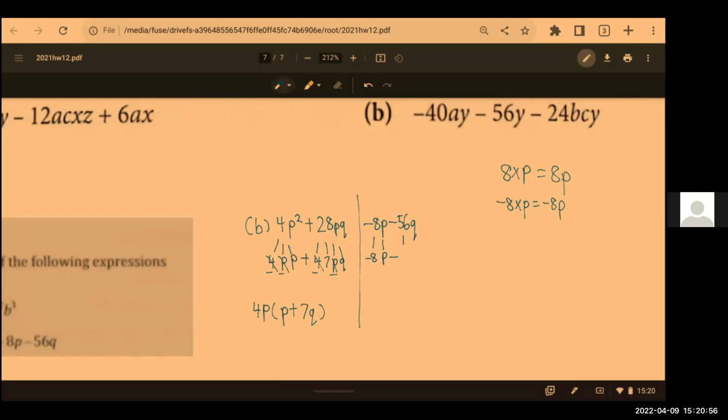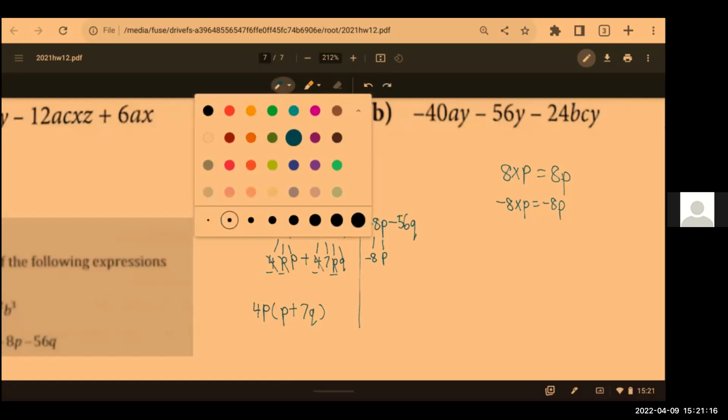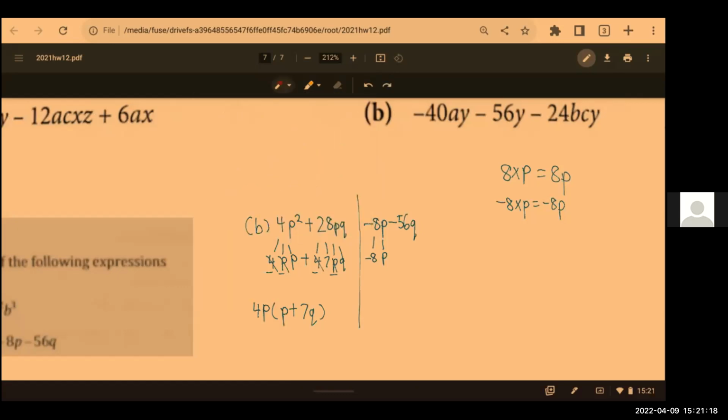Wait. Who asked you to put the minus sign there? You need to split the minus 56q. Underline the term first. Red color. Use red color for the right hand side.